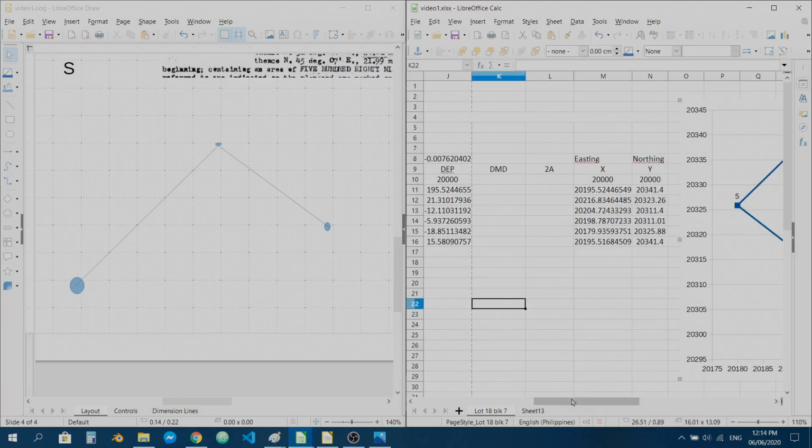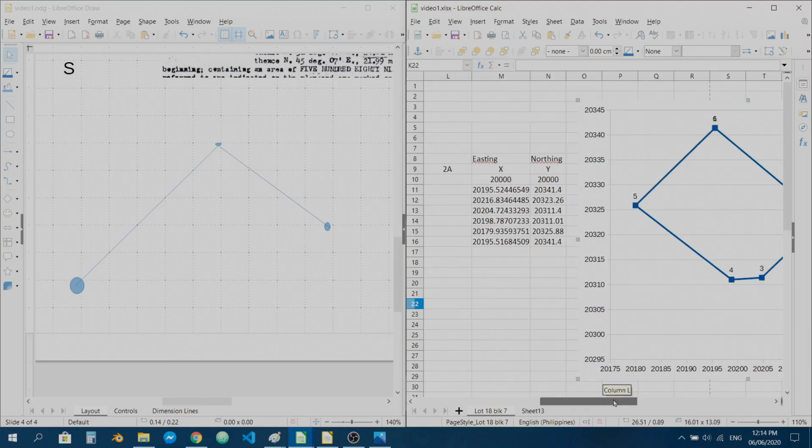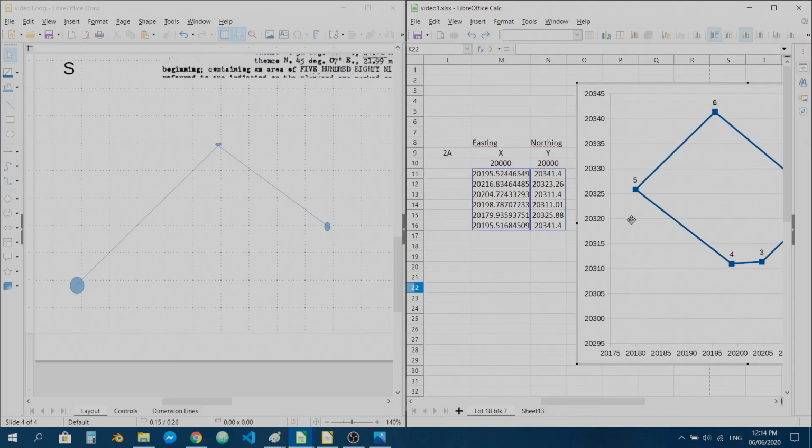So, i-explain lang natin. So, ito po yan. We did not include in this graph po yung point 1 dahil napakalayo niyan. But if you want, makikita nyo na if we include po yung point 1 natin, you will see na ang liit po niyan.